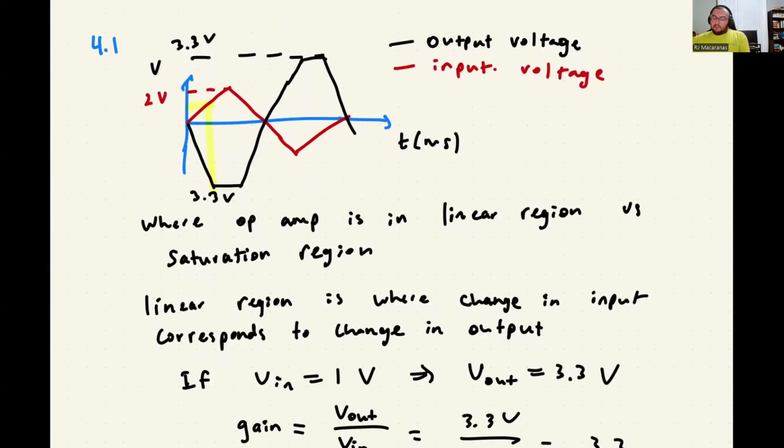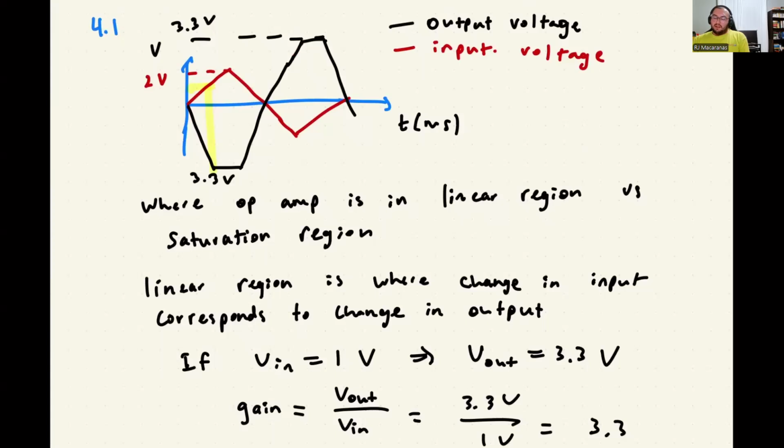Right. So anywhere before we've hit this 3.3 volts is where we're in a linear region, right? And then we're in saturation whenever the input is above the 1 volt here.